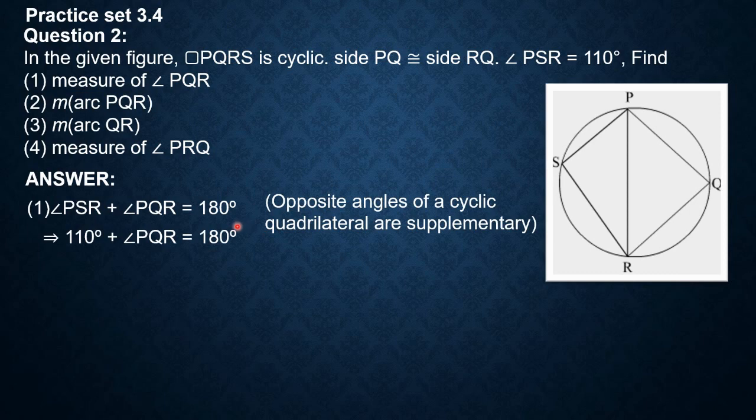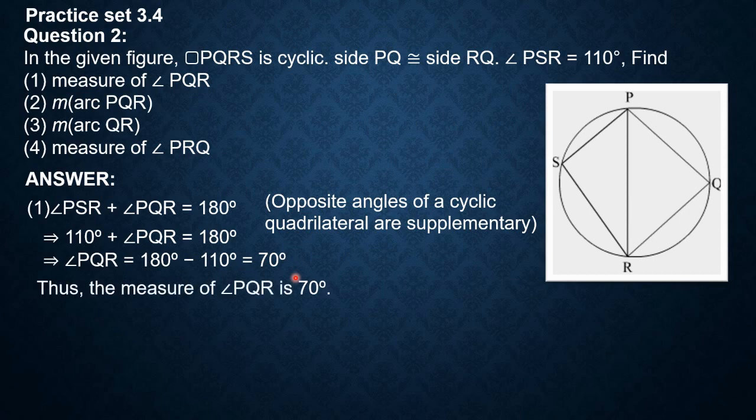Angle PSR is given in the question as 110 degrees. So we substitute 110 in place of angle PSR. We take this 110 degrees to the other side, where it gets subtracted. So we get angle PQR equal to 180 degrees minus 110 degrees, which is 70 degrees. Thus, the measure of angle PQR is 70 degrees. Kindly refer to the previous videos for the theorem that opposite angles of a cyclic quadrilateral are supplementary. That is the cyclic quadrilateral theorem.